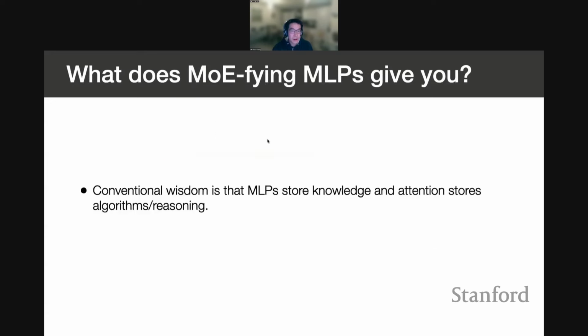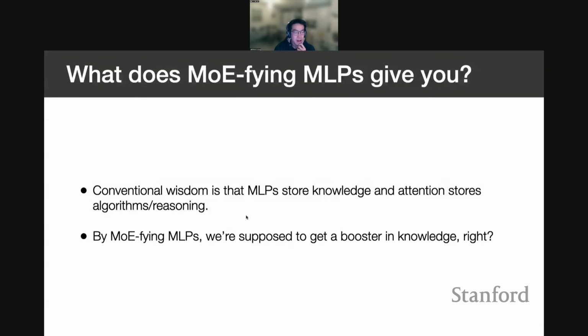Okay, so I want to talk about what SMoE, which is a verb I just created, of the MLP layers actually gives you. The conventional wisdom is that the MLPs in a transformer network store knowledge, and the attention implements algorithms and reasoning. So by SMoE-ifying the MLP layers, we're supposed to get a boost in knowledge, right?